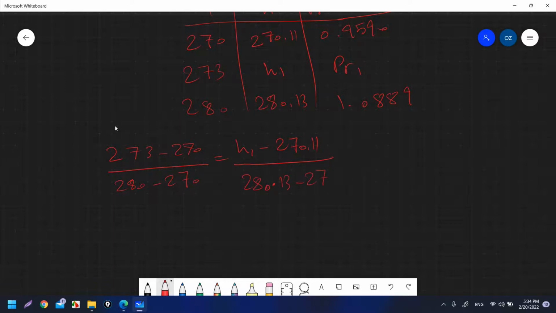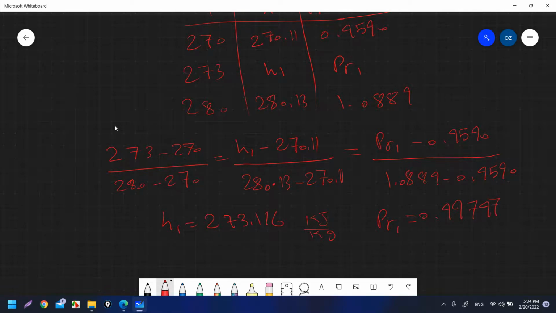This will equal PR1 minus 0.9590 over 1.0889 minus 0.9590, and this will give us that H1 is equal to 273.116 kilojoule per kilogram, and PR1, a dimensionless quantity, is equal to 0.99797.